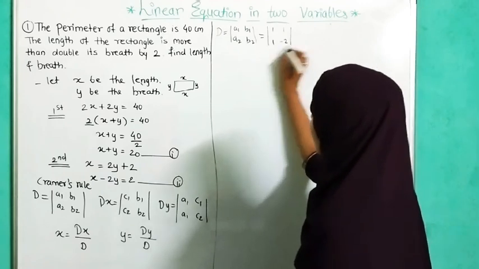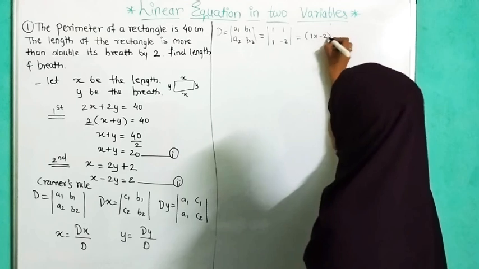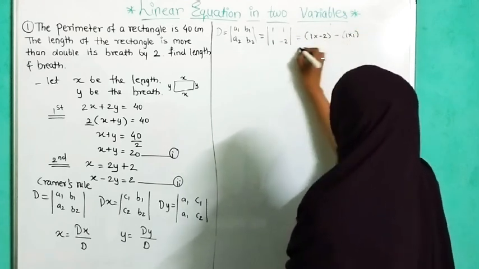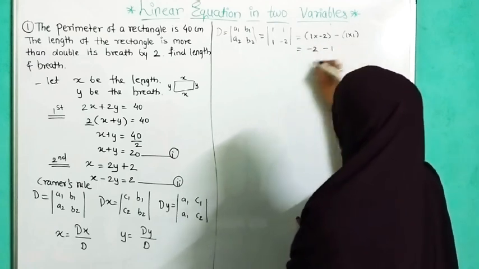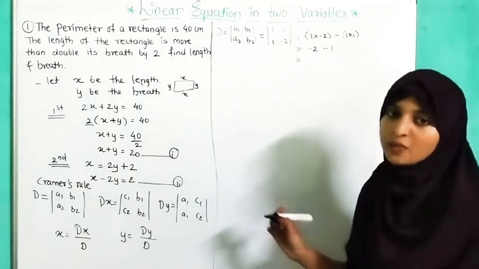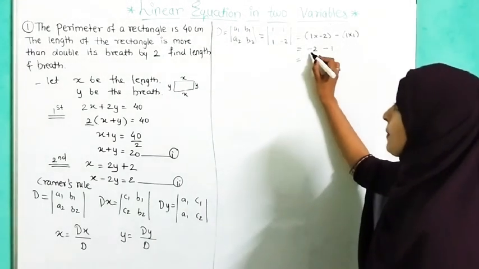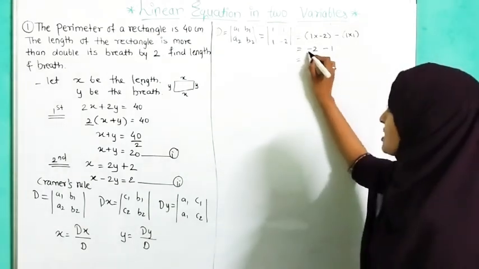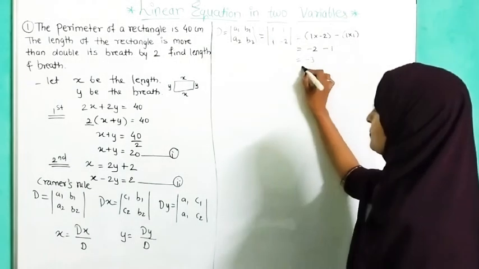Now we solve this: 1 into minus 2 minus 1 into 1. So minus 2 minus 1 is equal to minus 3. Minus 3 is the answer.